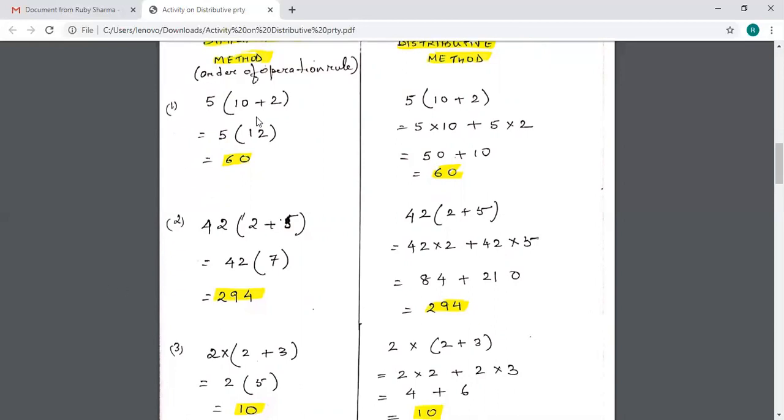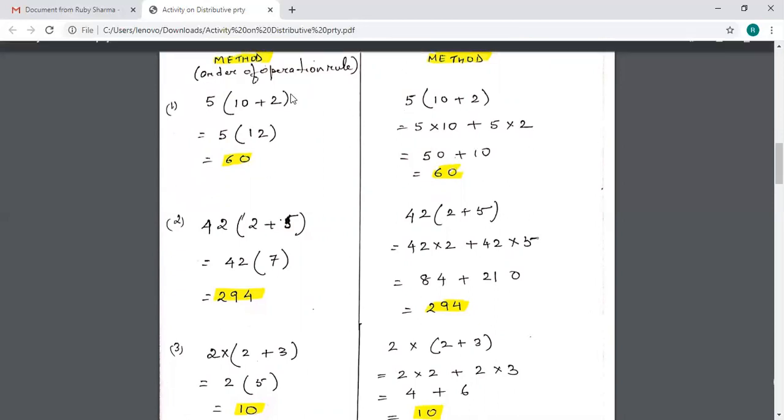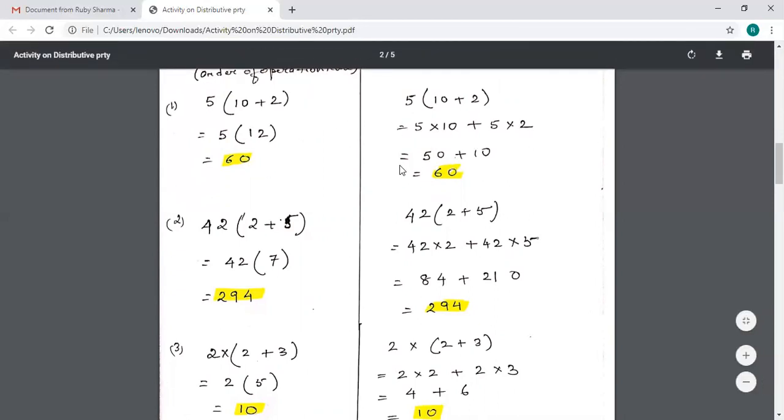That 5 into 10 plus 2 is indeed equal to 5 into 10 plus 5 into 2. Because we are getting the same answer, whether we calculate it this way or this way, isn't it? So this is true. 5 into 10 plus 2 is equal to 5 into 10 plus 5 into 2.